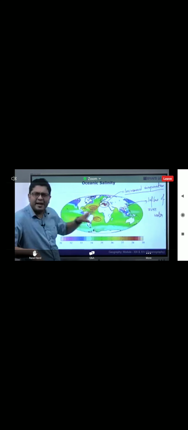So, for example, look at this region. You will observe that here the salinity is low because, again, there's an influx of water. Here again, salinity is low, influx of water. So, wherever there is influx of water or there is melting activity, automatically salinity shall be significantly low.